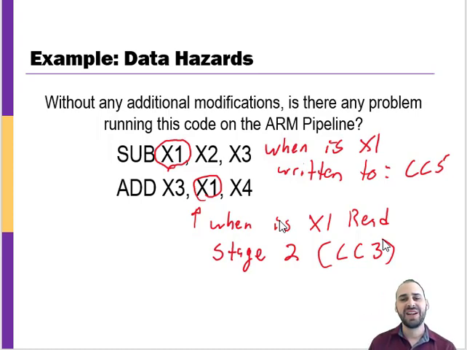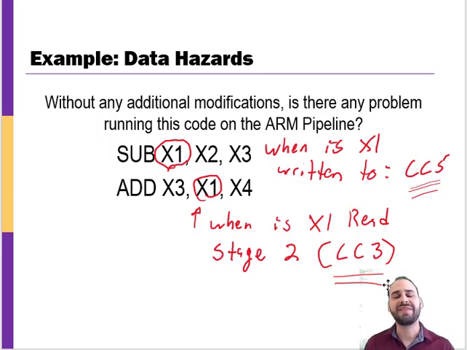So at stage 2, we are reading the registers, right? And because of that, we've got this timing problem where the correct value is being written at clock cycle 5, and if we don't do anything, we're going to read the incorrect value at clock cycle 3, because x1 will have the old value that was previously at that location.